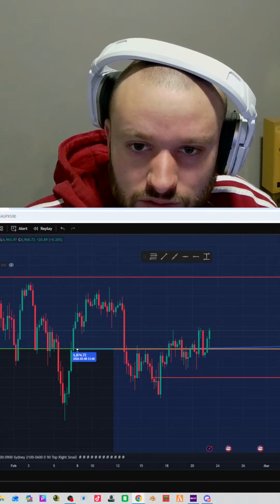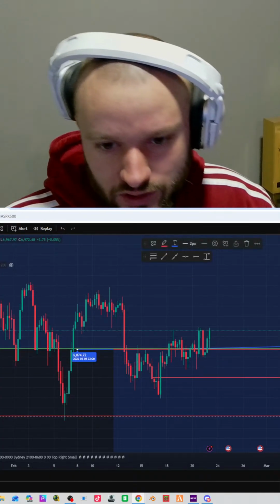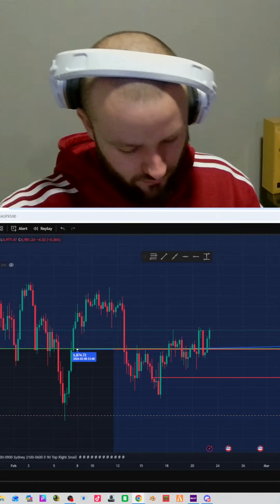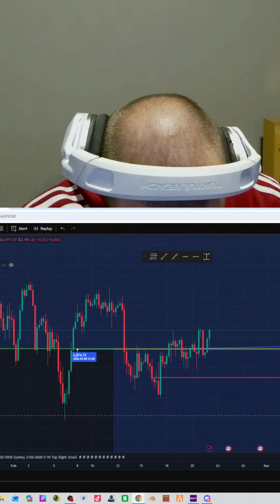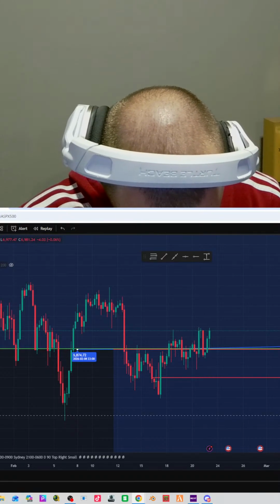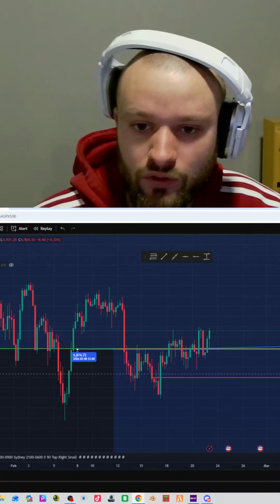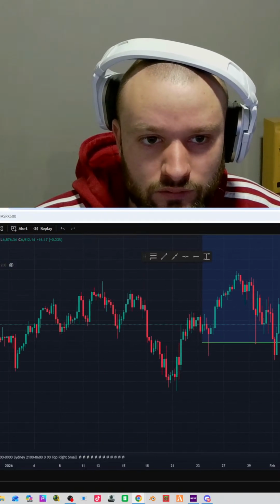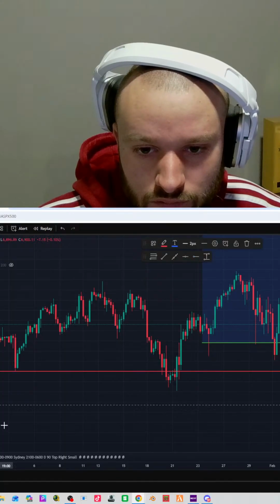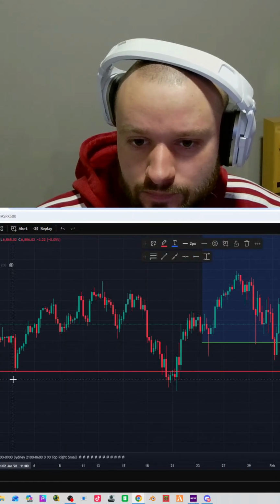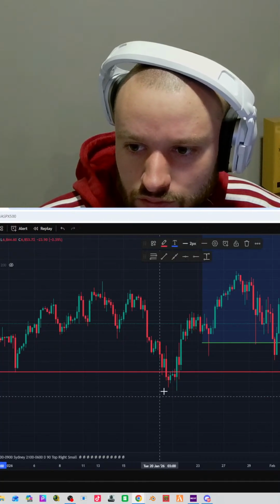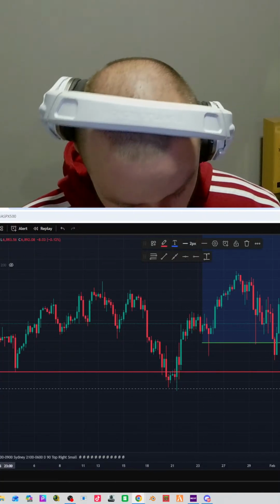What about the highs? Doesn't hit a high. Okay, so we're on 4 hours now. Could this be another one? Liquidity sweep and it shoots up. I'm gonna count that as one.